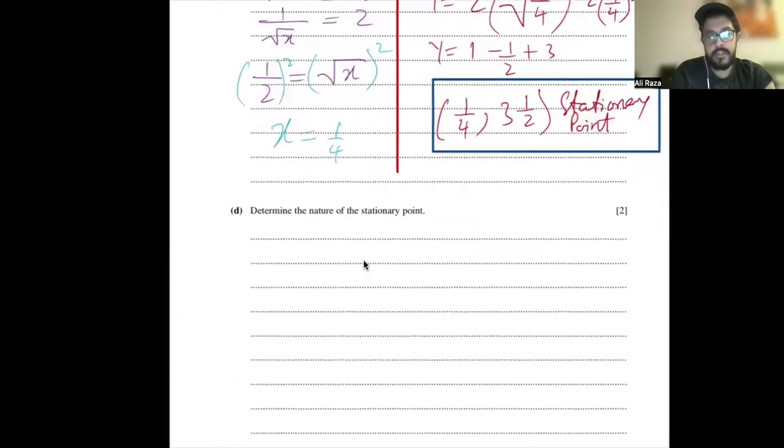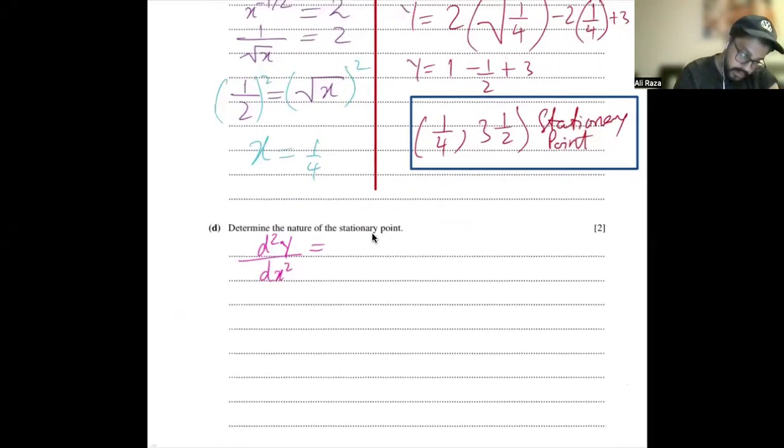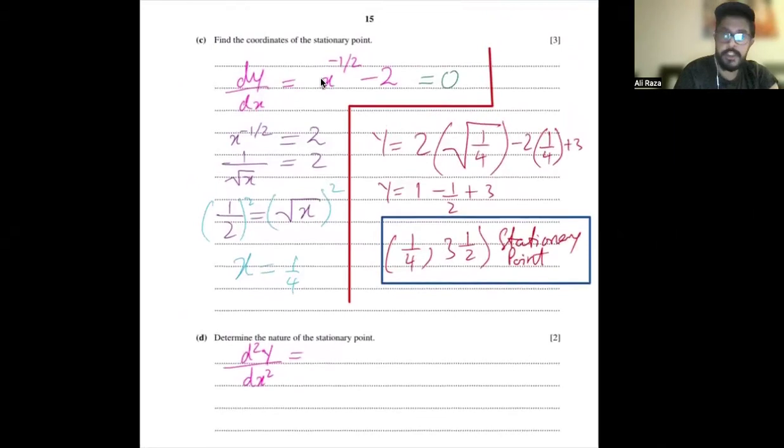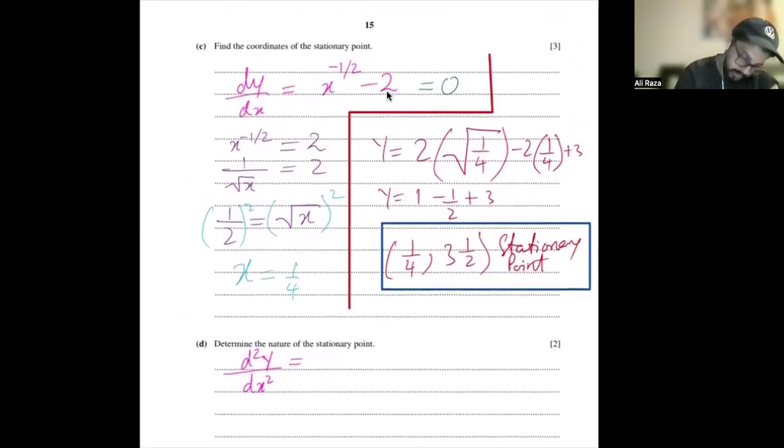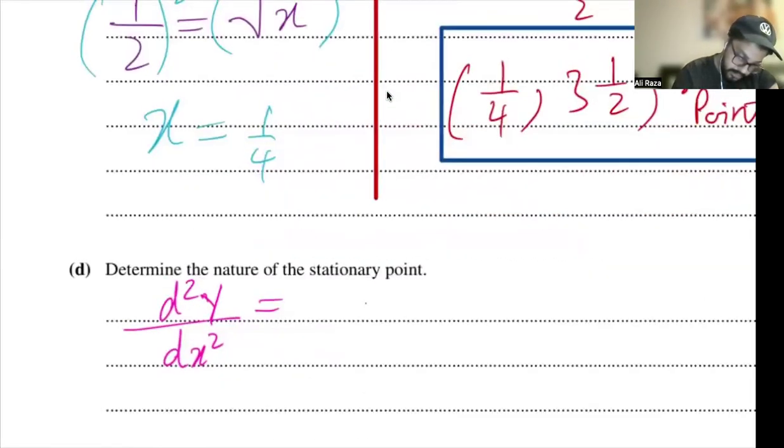In part B, we need to determine the nature of the stationary point. For that, we'll need d2y dx squared, the second derivative. And for that, we'll need to differentiate dy dx again. So x power minus 1 over 2 is multiplied by the power itself.